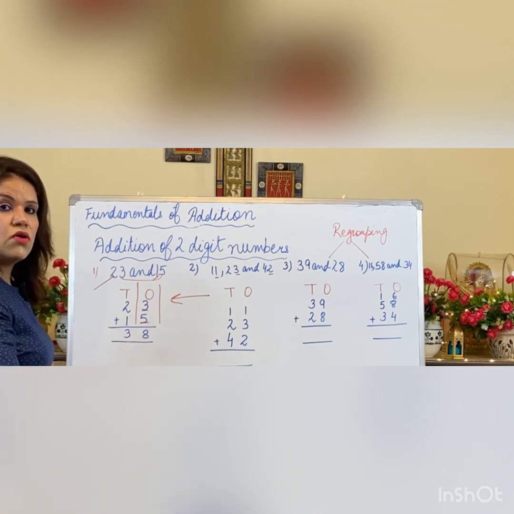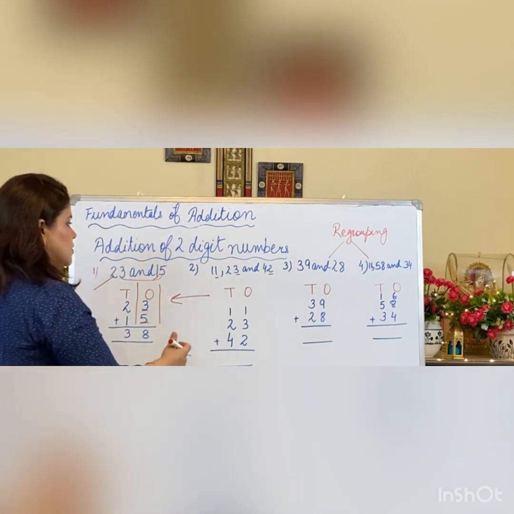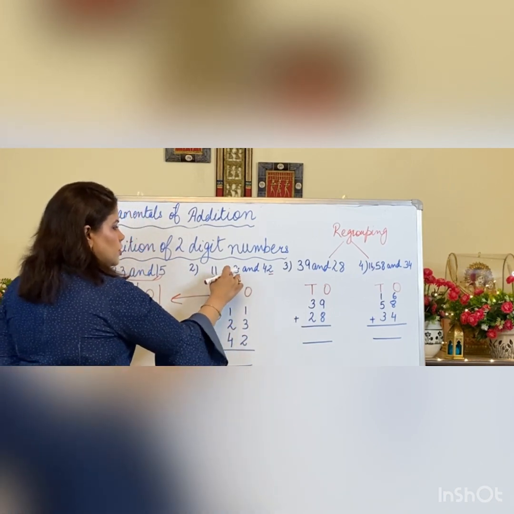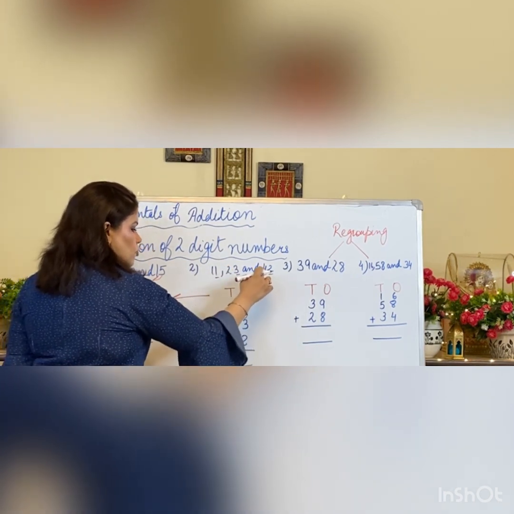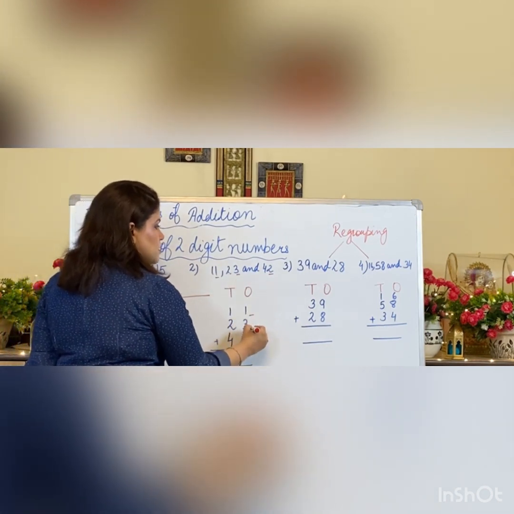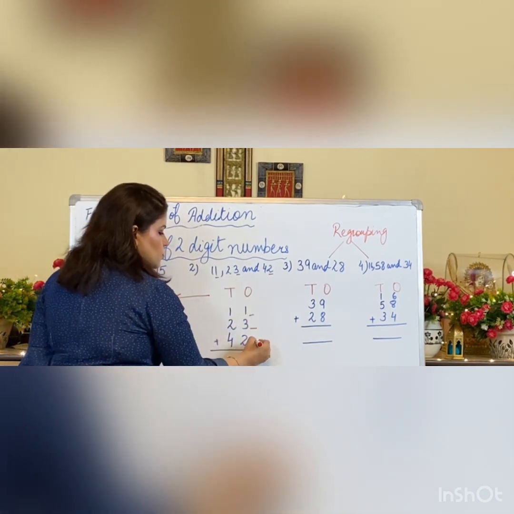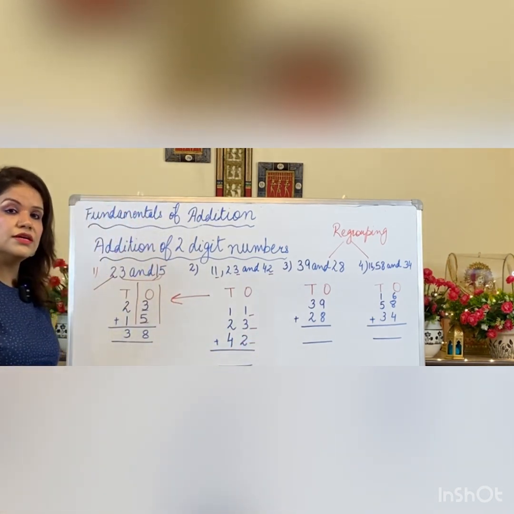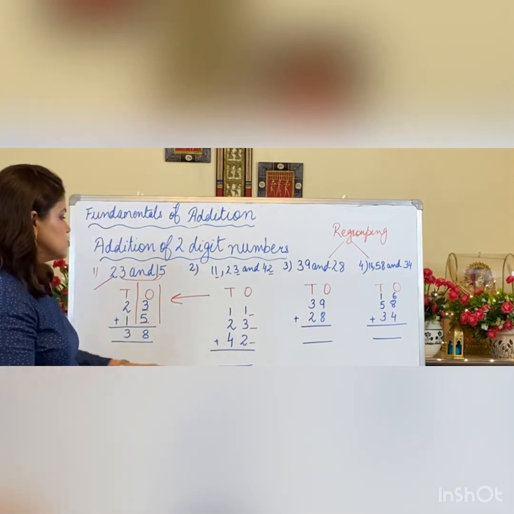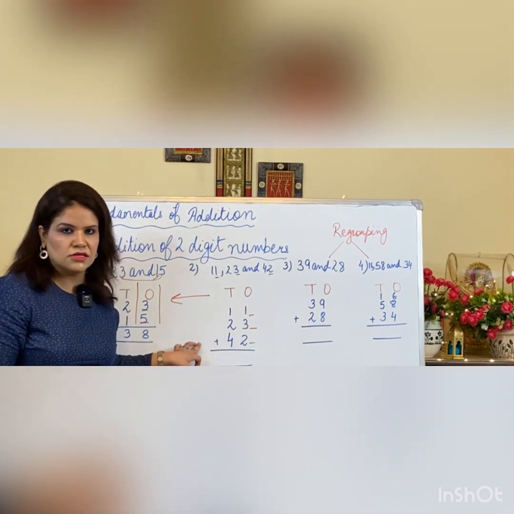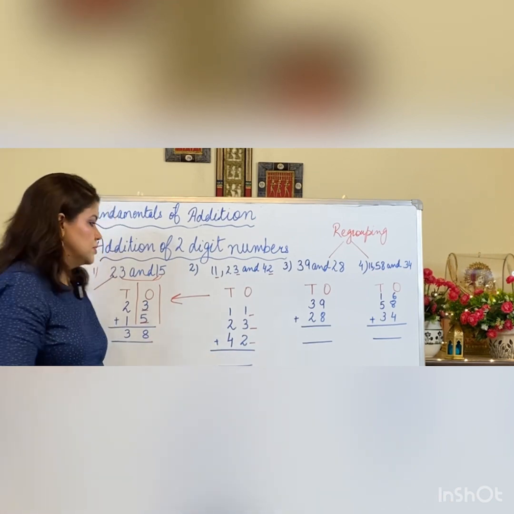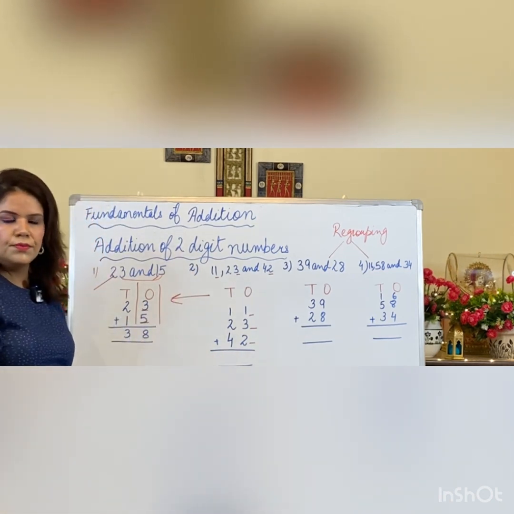Left side numbers are always the tens place numbers. So the left side numbers are 1 from the first number, 2 from the second number, 4 from the third number; and 1, 3, 2 on the right. This way we will write them in column method. The plus sign will be in front of the last number, which is below this line, above this line. So how will we be adding this now?